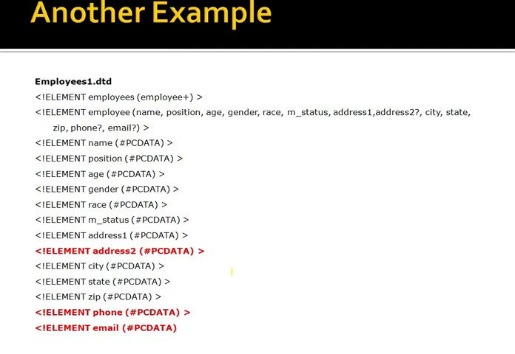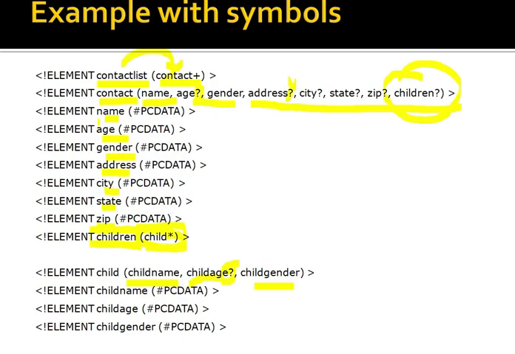This is actually a DTD file. Here is another example. If you look at this DTD element with the symbol plus, plus means the child element of this contact element can occur 1 or more times.